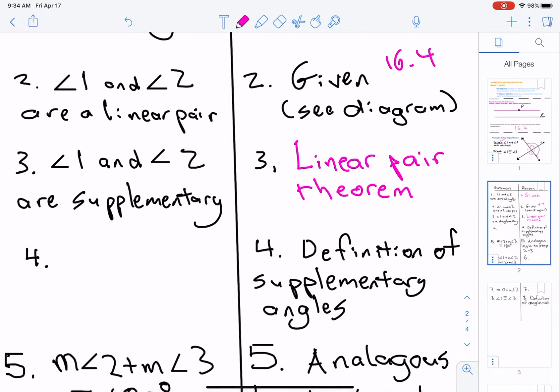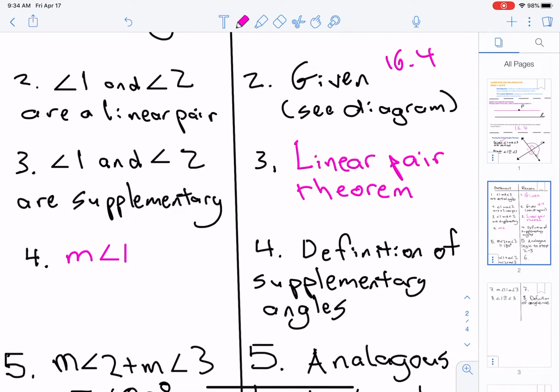According to the linear pair theorem and the definition of supplementary angles, what do we know about supplementary angles? What do they add up to? You may recall that by definition, supplementary angles add up to 180 degrees. So that's going to snap in place there. I love how it does that.